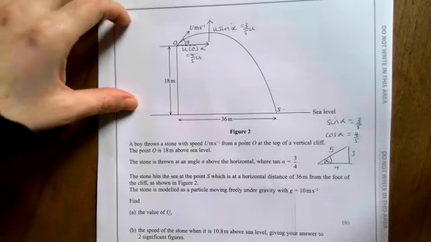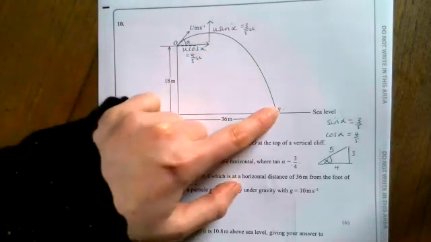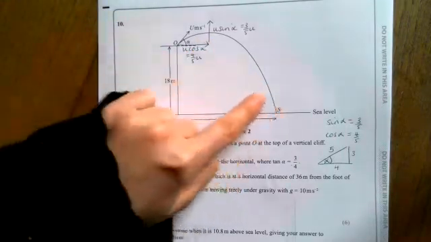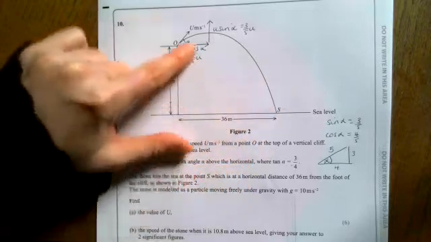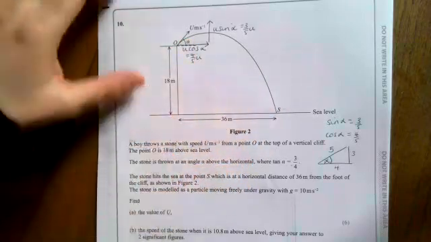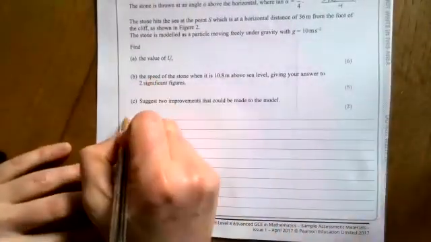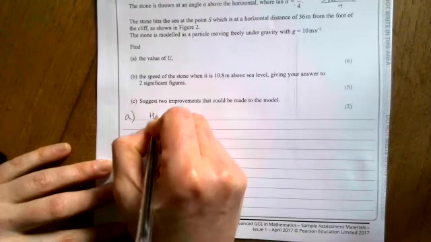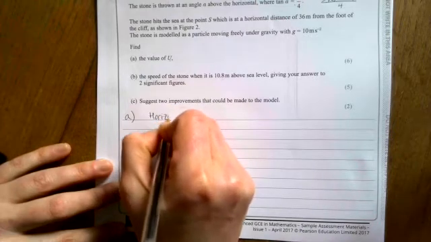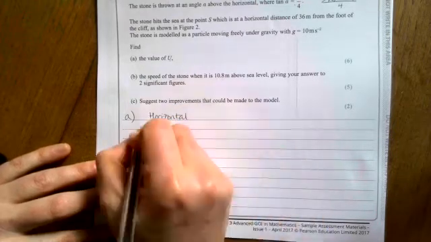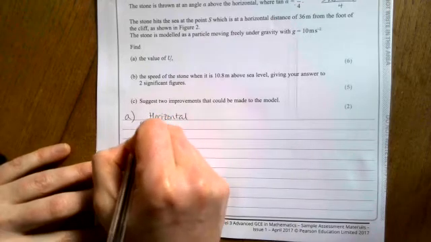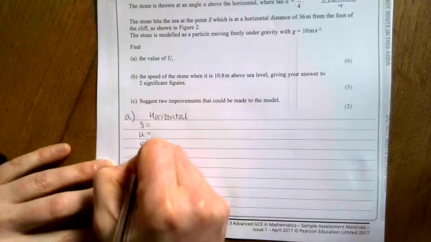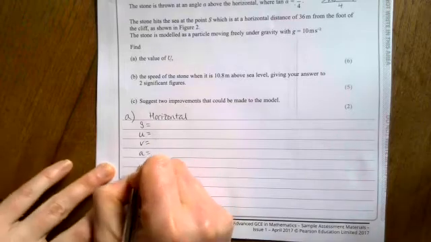Now when we deal with projectiles questions, we have the horizontal and the vertical, and we're going to split the whole problem up into horizontal and vertical. So let's start with horizontal. And we're using our constant acceleration formula here.